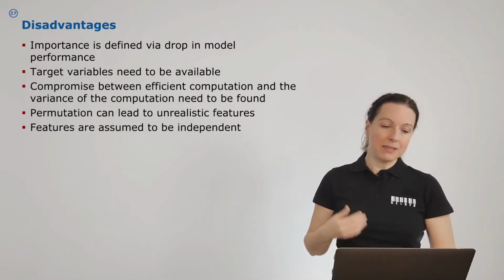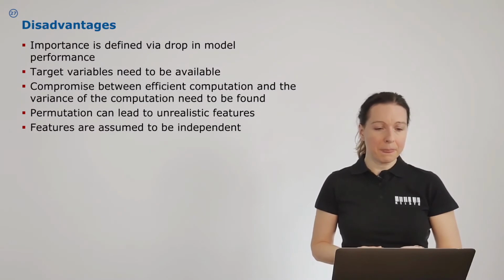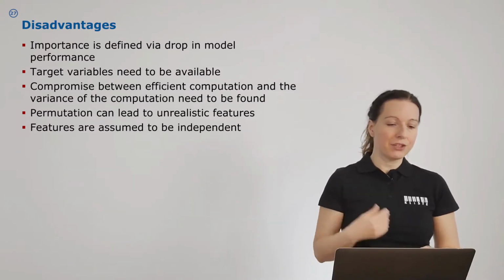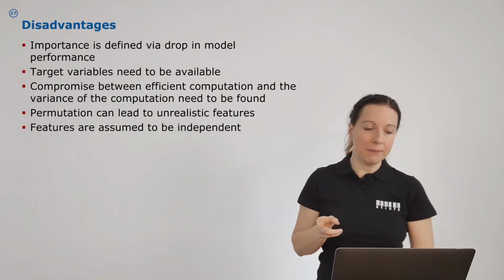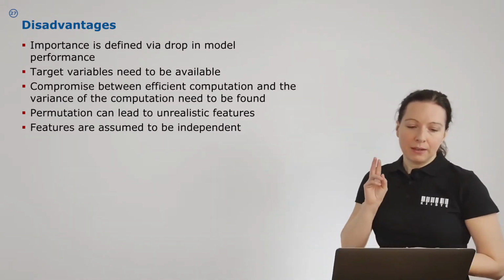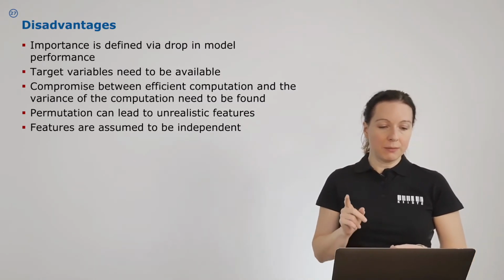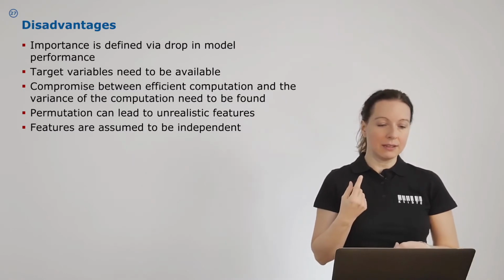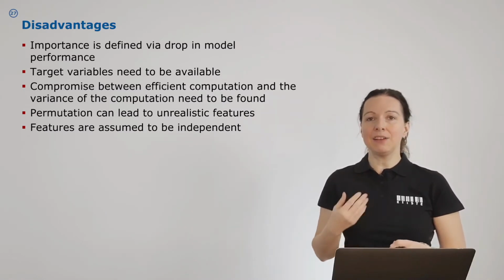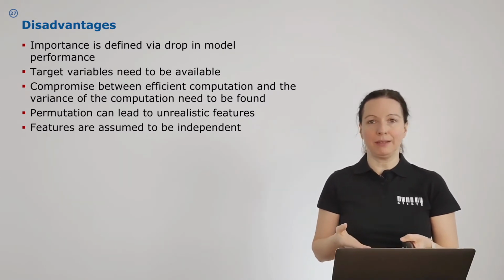Then a problem is that the permutation can lead to unrealistic features, and features are assumed to be independent. This is a little bit related, because the permutation leads to unrealistic features in case features are correlated or somehow not independent.